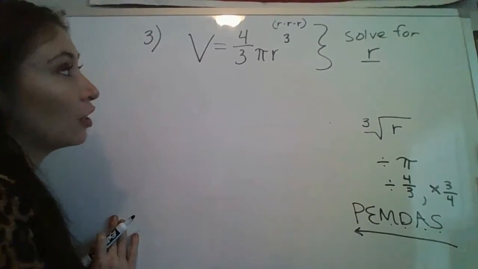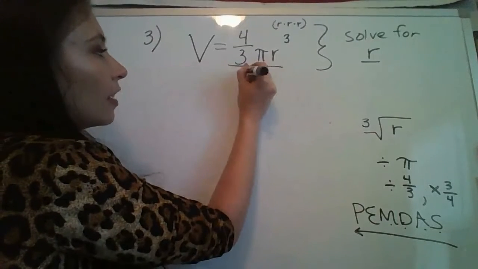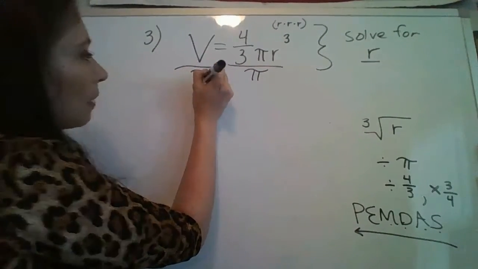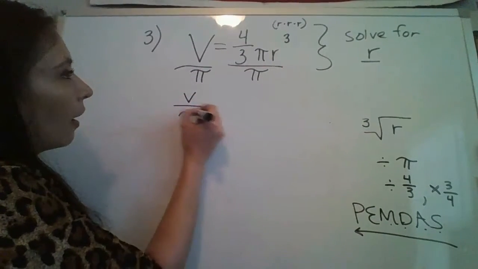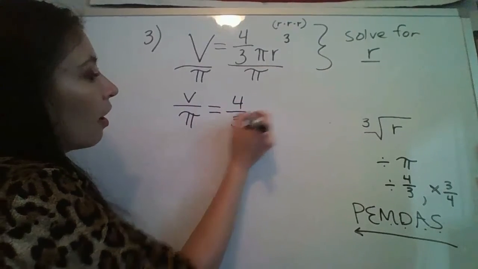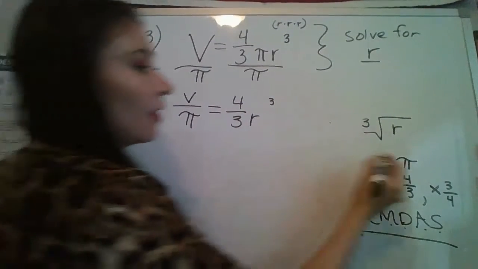So I am going to get rid of my pi first. I'm going to divide this by pi, and I'm going to divide the left side by pi. So my new equation is v over pi equals 4/3 r cubed. So I have completed this operation.